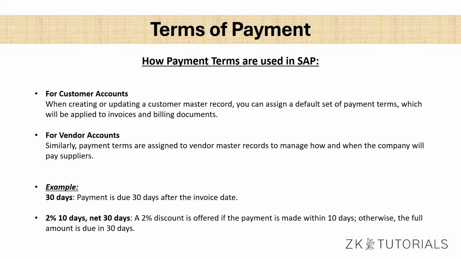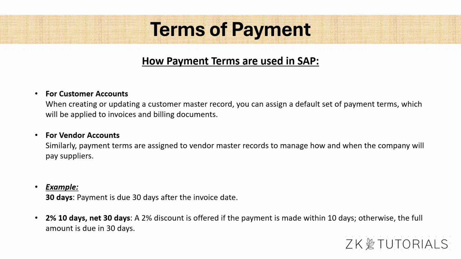But the customer who doesn't pay early, for him we might give only 30 days credit period, because anyhow he is going to pay after the due date. So based on the customer and his activities with our business, we will be creating separate payment terms for those types of customers, and assigning it to the customer account in the transaction code BP.